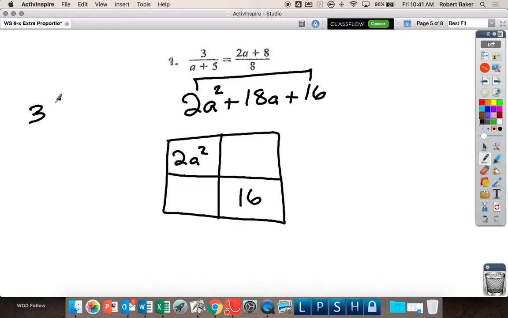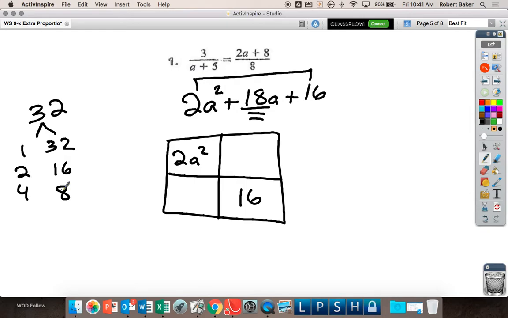I need all the factors of 32 that could possibly add up to 18. 1 and 32, 2 and 16, 4 and 8. Which set of factors could possibly add up to 18? 2 and 16. Those are the only two that make 18.